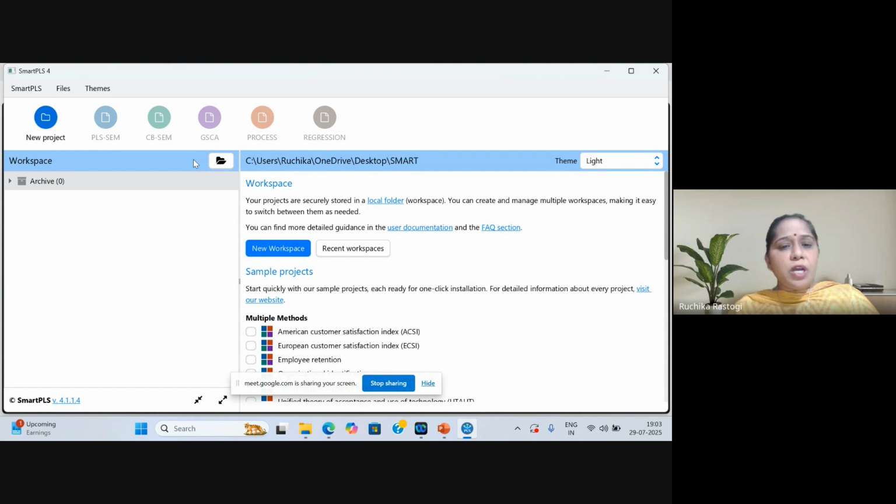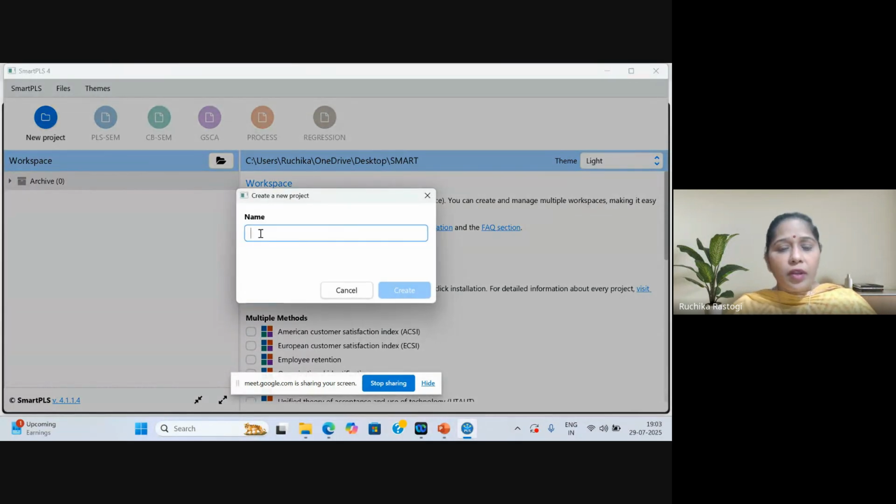How are we going to start it? Once we have created the new workspace, we have to create one folder, and in that folder the new workspace will be saved. That we did yesterday. We will be clicking on new project, giving the name to it.